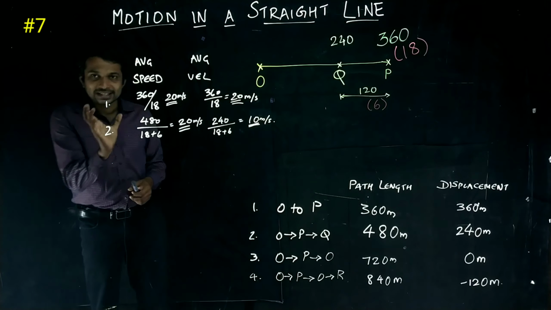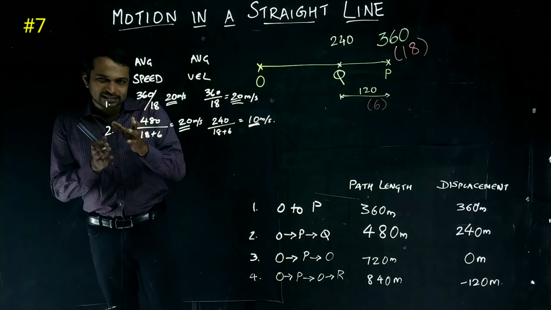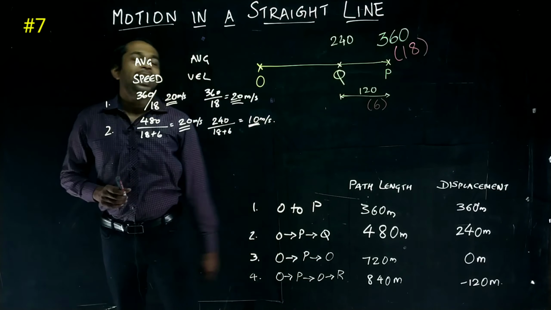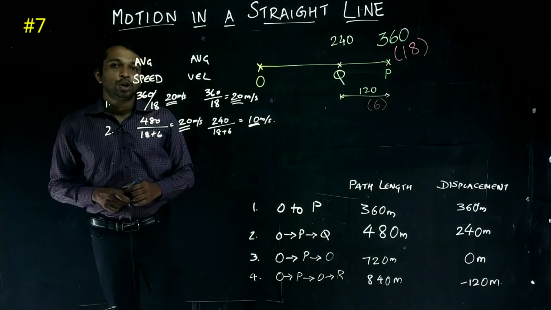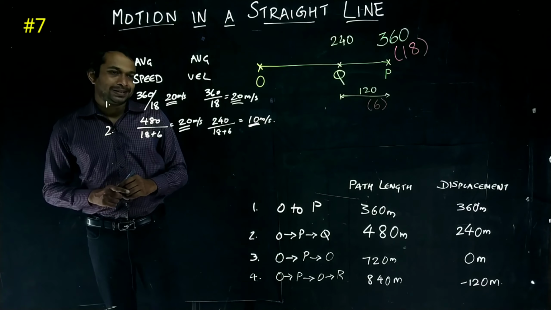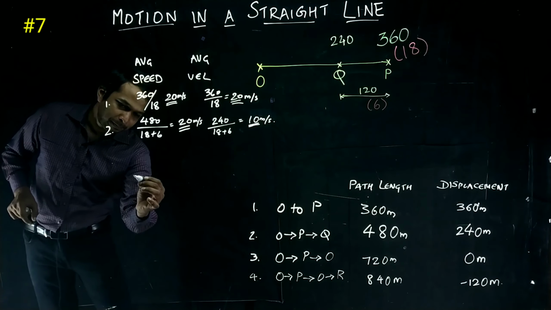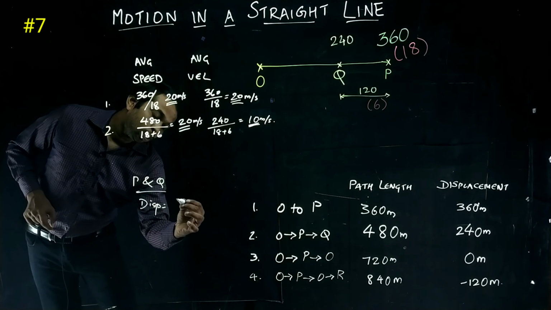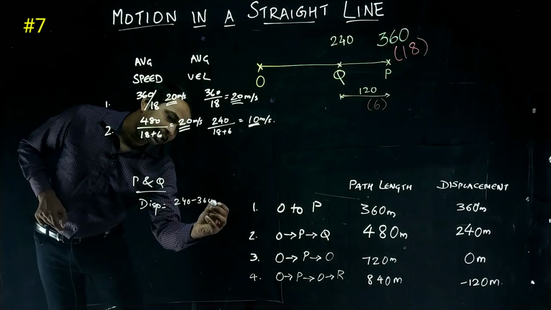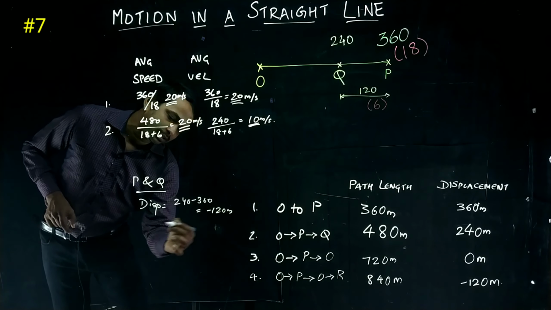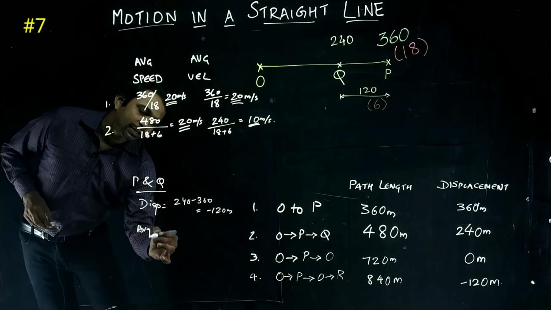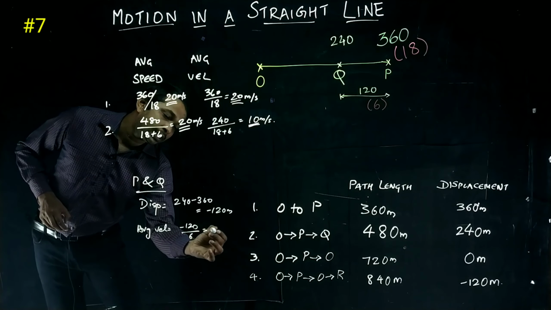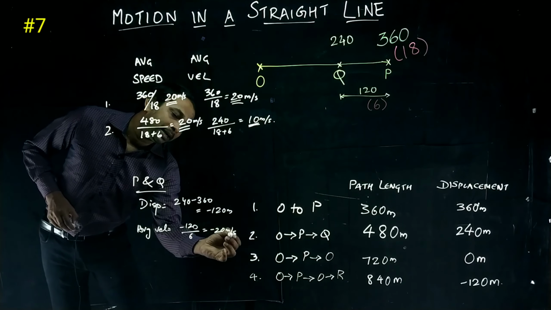Okay, now just understand, if you are taking the case only between P and Q, here the displacement is 240 minus 360, which is minus 120 meters. And what will be the average velocity? It is minus 120 divided by 6, which is minus 20 meter per second.